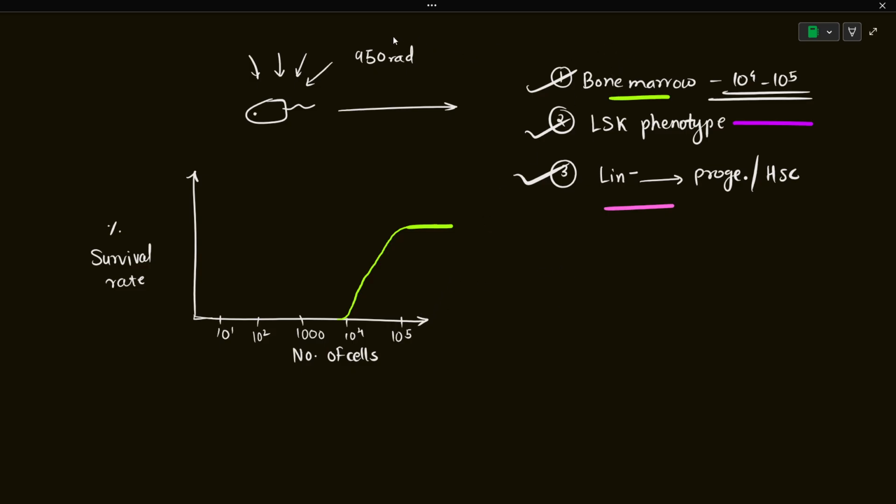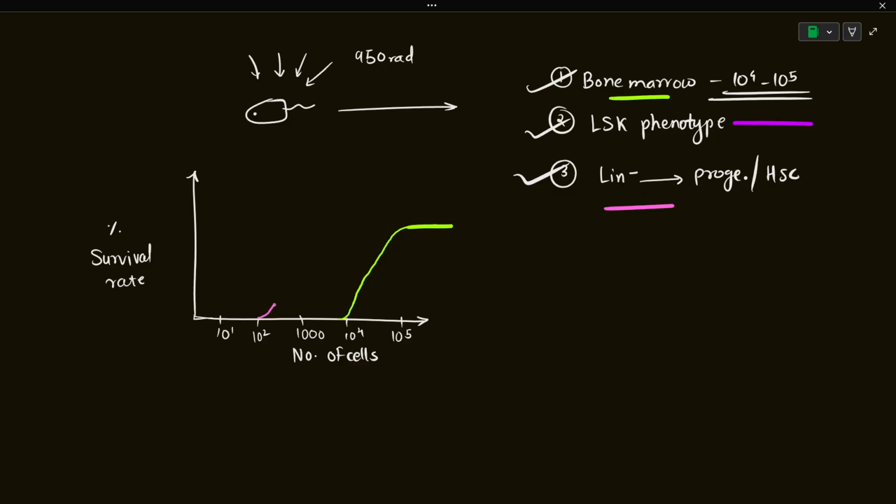When researchers started introducing the mature cells into the mouse, the requirement for the number of cells decreased. Even after the infusion of hundreds of the mature cells, the mouse started surviving. Even if I introduce 100 of the mature cells, the mouse survives.